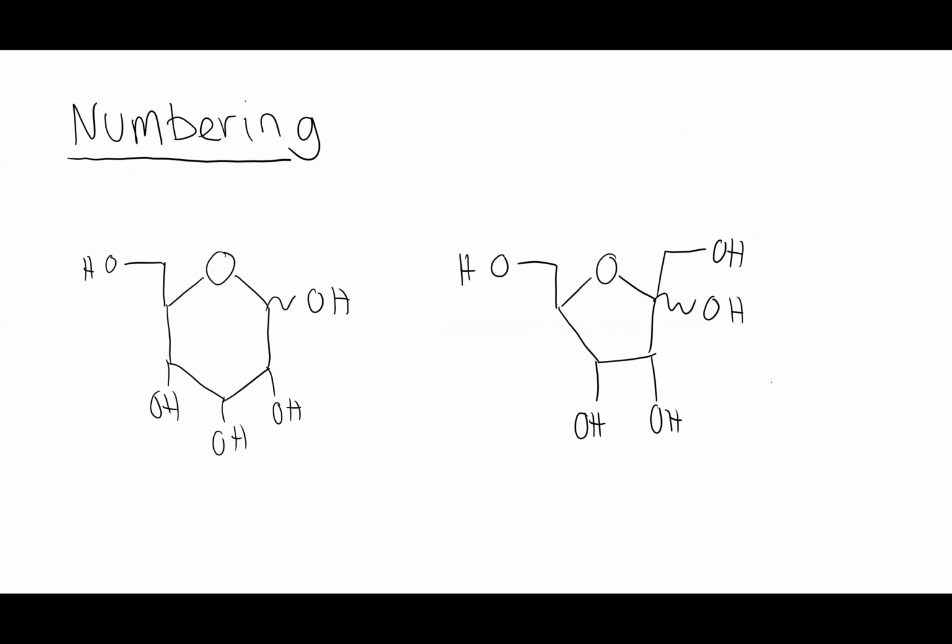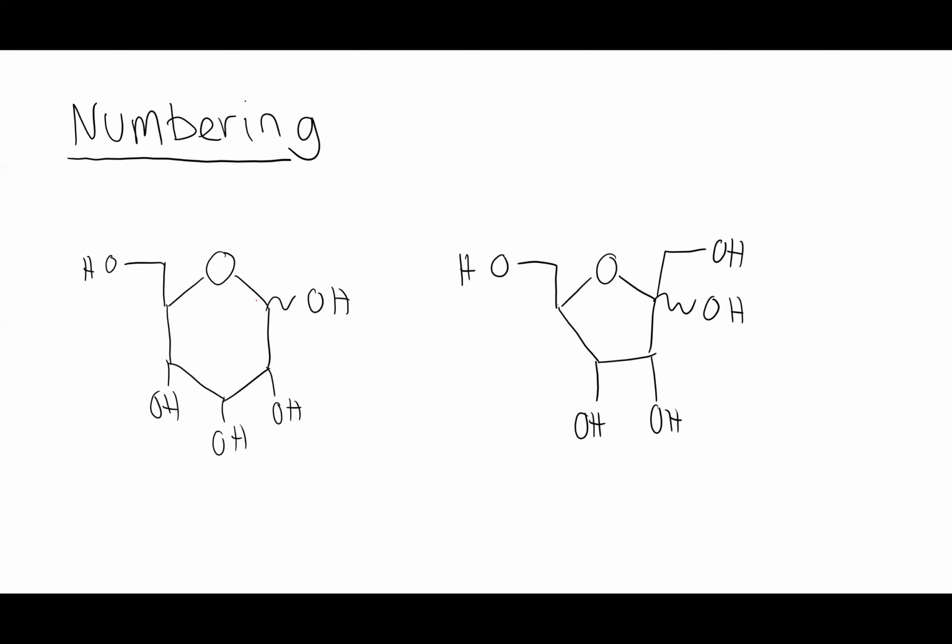Another important thing when we start talking about bonding sugars together is understanding their numbering system. Once you have a ring and you understand where everything is positioned on the ring, going from a Fischer to a Haworth structure, it's good to know the numbering of carbons in this ring.